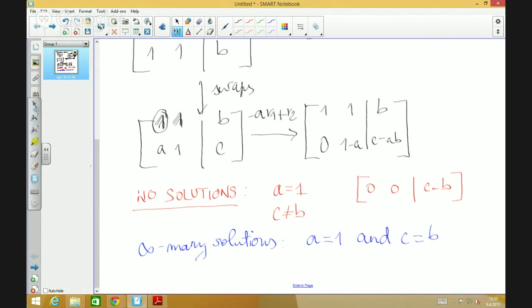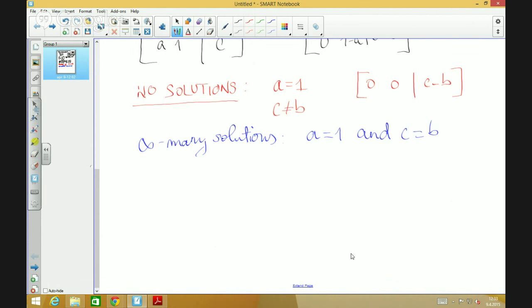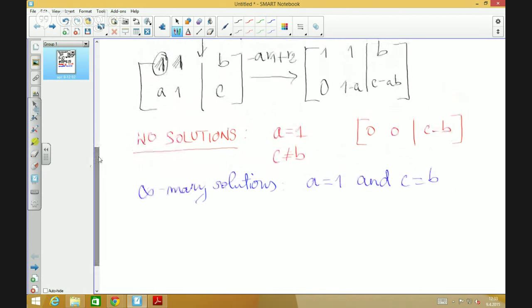So in that case, I want to show it all at the same time. The matrix that we had at the end becomes 1, 1, B, and then 0, 0, 0.